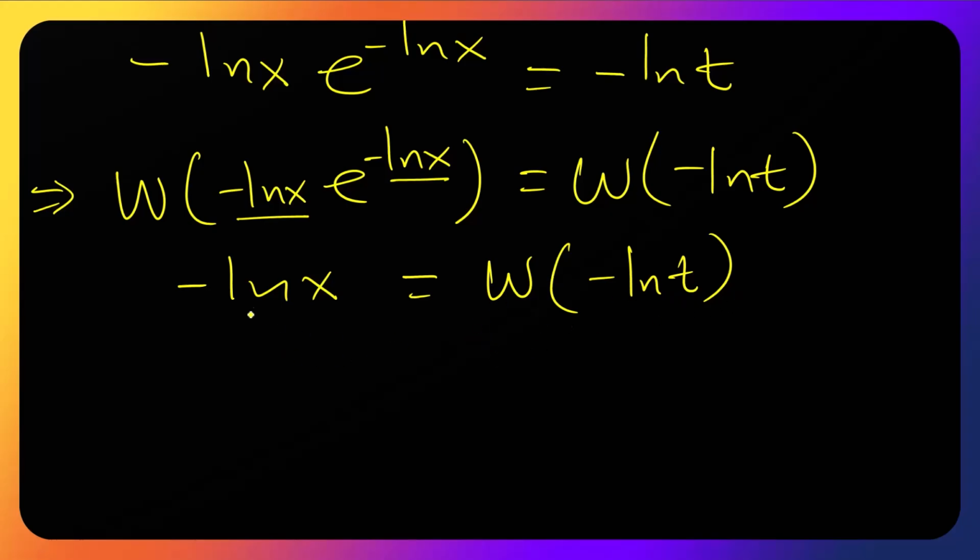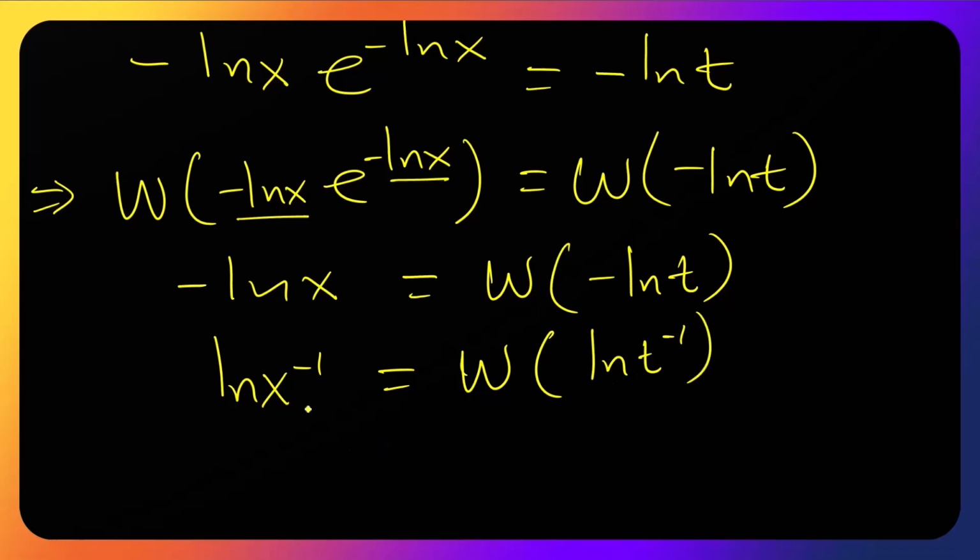Now let's manipulate this one. If this is a power rule, the same as ln of x to the power minus 1, we have the W function of ln of t to the power minus 1. So this is the same as ln of 1 over x equals the W function of ln of 1 over t.